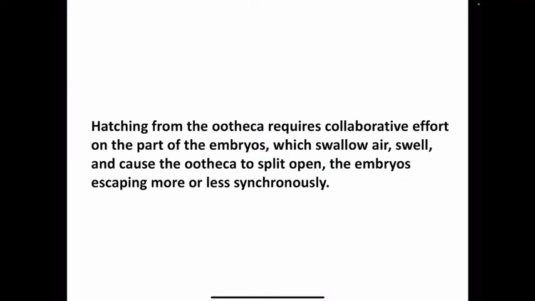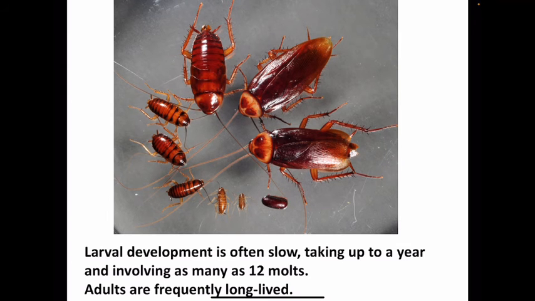So, hatching from ootheca, you have already seen that it requires collaborative effort on part of the embryos, and they swallow air and soil and cause the ootheca to split. Now, if we see the life cycle, larval development is often slow and takes around a year, and it involves around 12 molts to become adult.